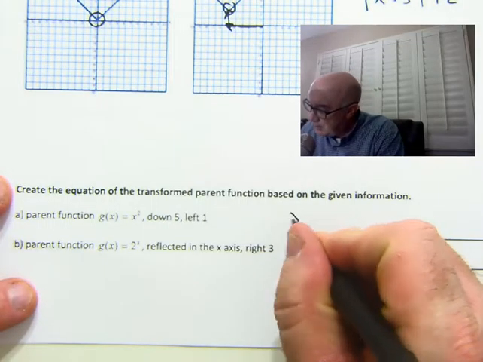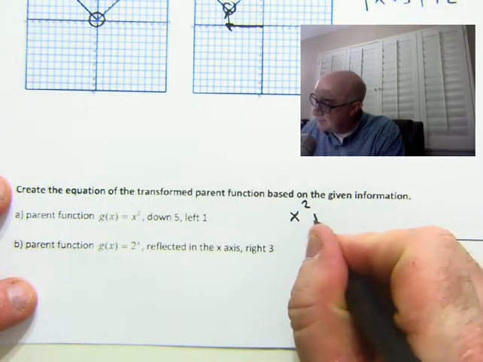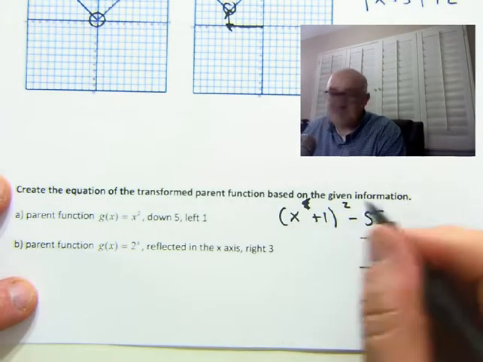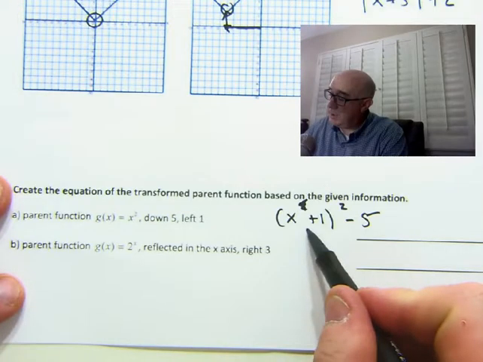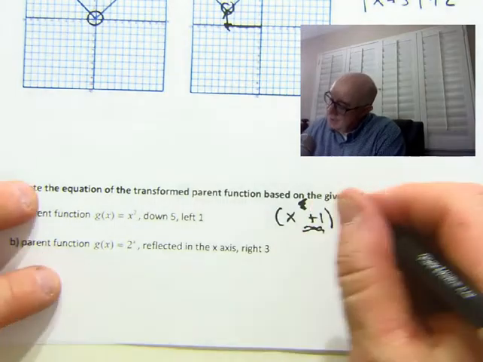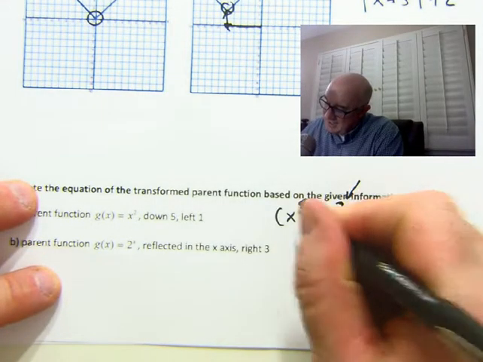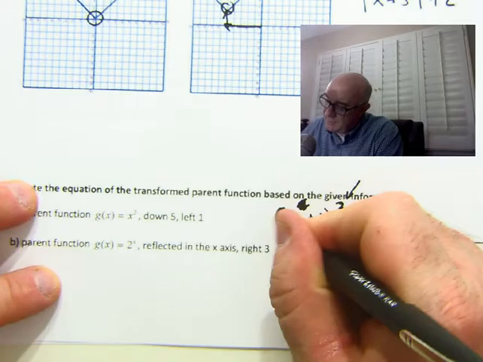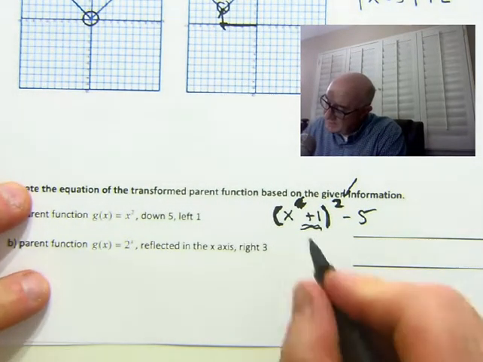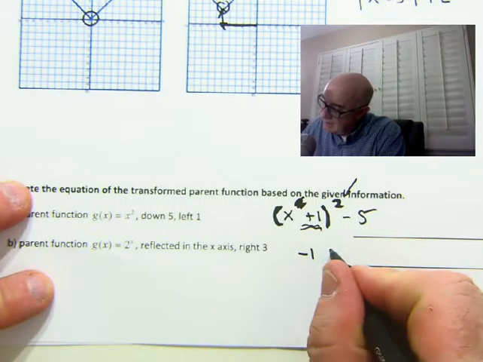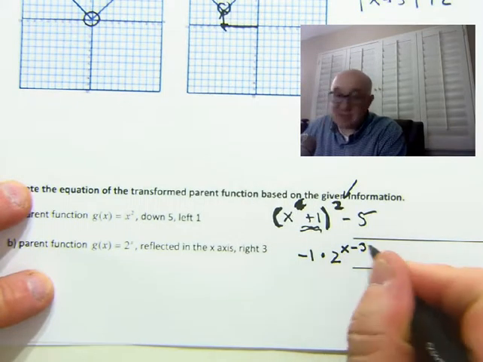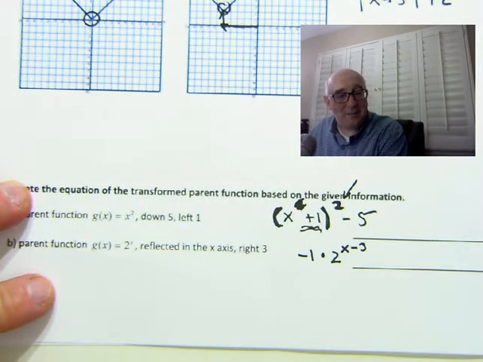So I want to go left 1, so that's why it's in the brackets. And then this squared is on the outside. I did that wrong initially because it's got to be with the x all in the brackets, minus 5. And then this last one, reflected, that's a negative. And then right 3 would be x minus 3 up here in the exponent spot.